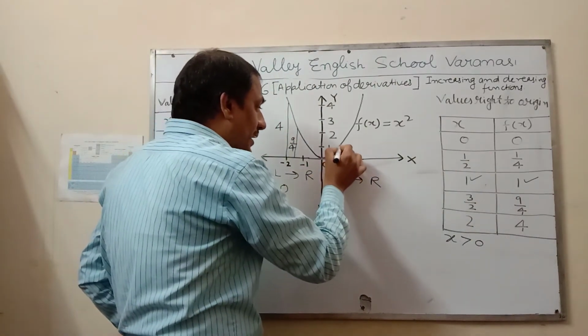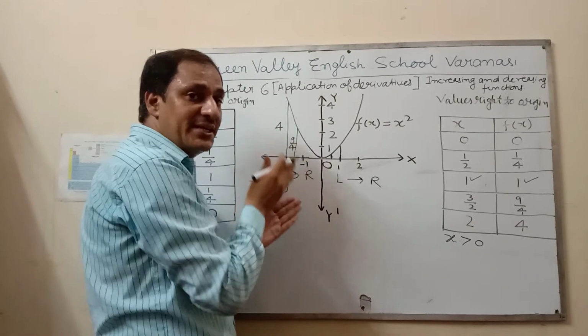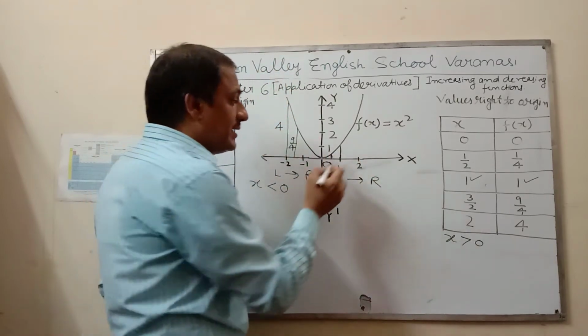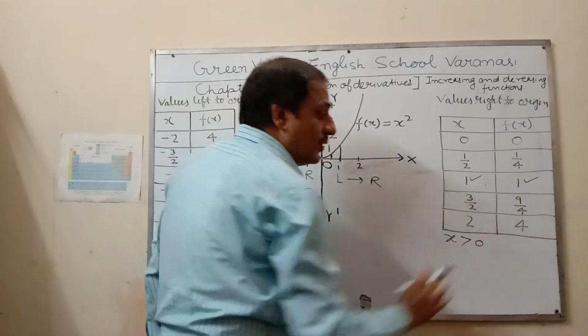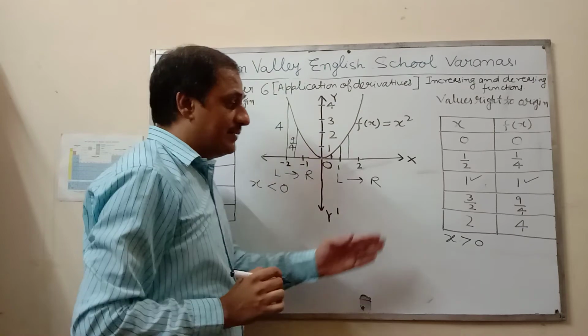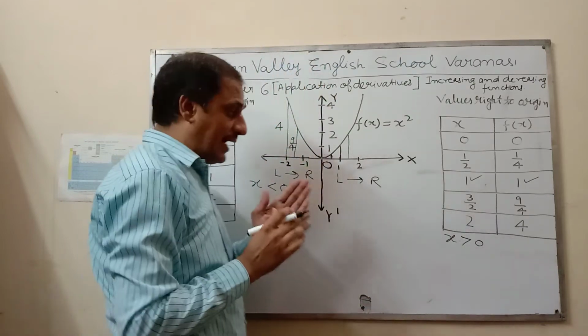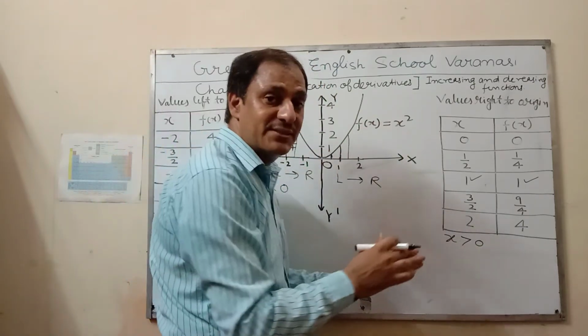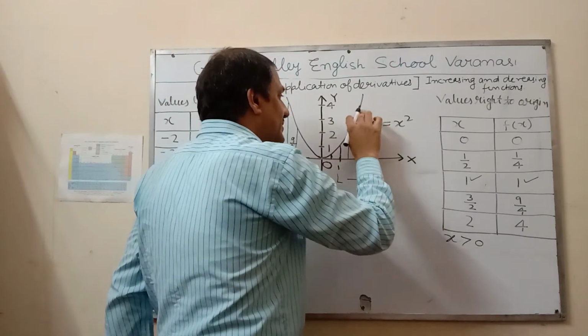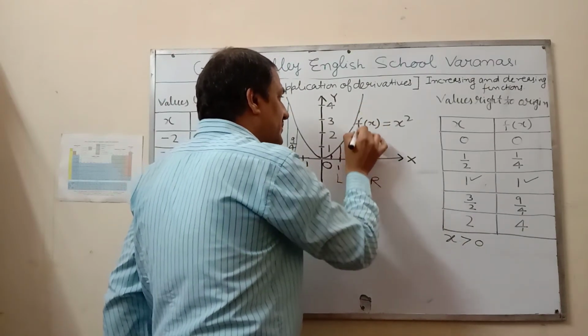Here the height of the graph is continuously increasing. If x equals 3 by 2, the height of the graph will be 9 by 4. And if x equals 2, the value of f of x is 4. Here you can see that the height of the graph is continuously increasing.